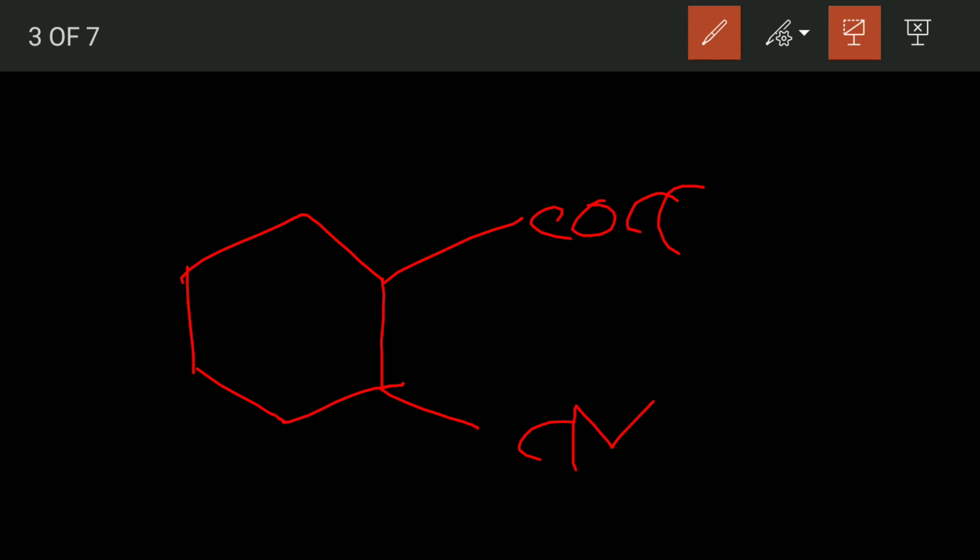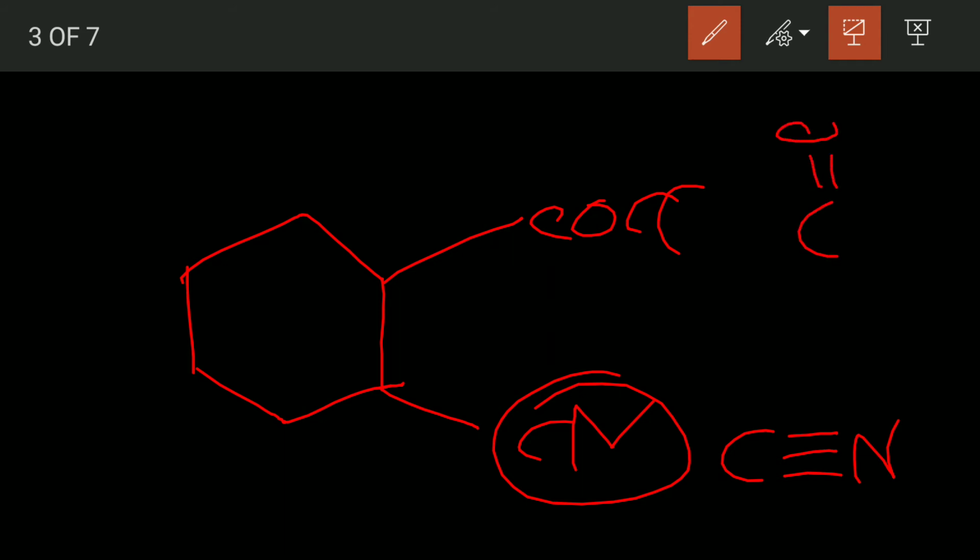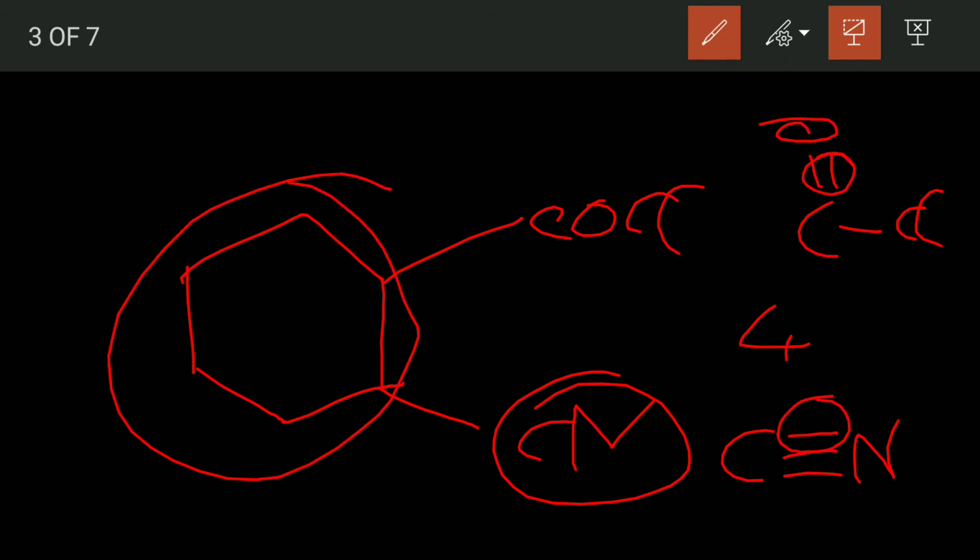No, we have to open this. So CN means C triple bond N, and COCl means C double bond O and Cl. So the DBE value of this one is 4, as there are 3 pi bonds and 1 ring, right? I have here 3 pi bonds and 1 ring. So the DBE value would be 4, right?